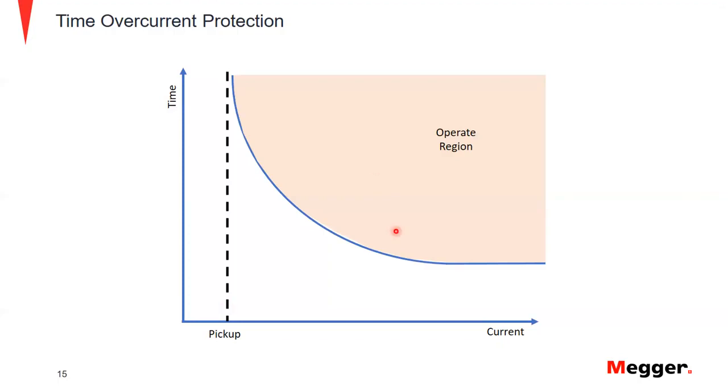Anything above our TCC, or the curve that we have selected, is actually going to get into operate. If a fault happened at this point, this will be the non-operate region, and this will be the operate region. After our time has expired from the time current curve, we would be into the operate region, which we should see an operation.